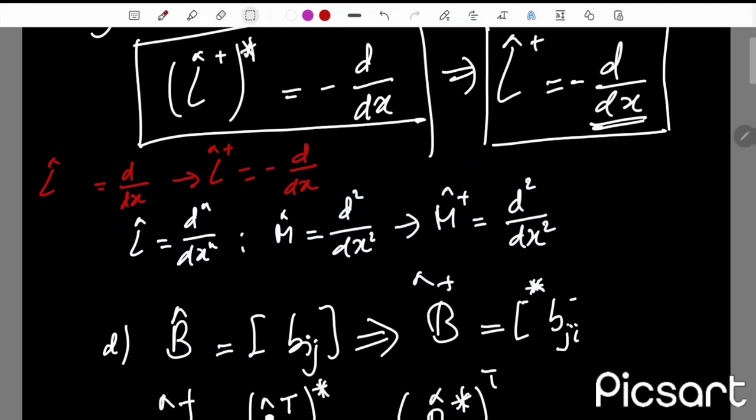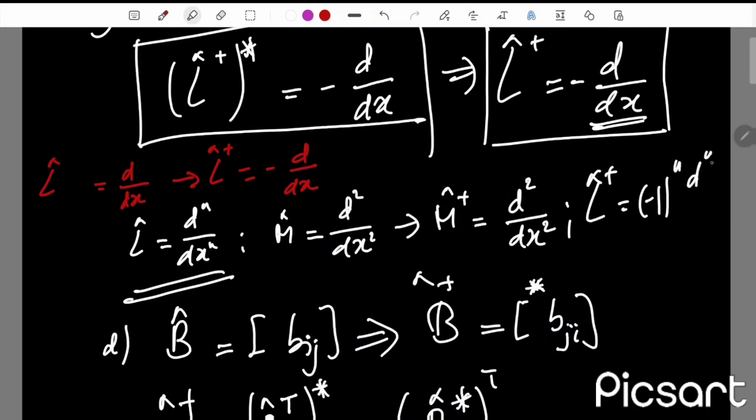From here we can see that L dagger, with L equal to this, is equal to minus 1 power n times d power n over d of x power n.